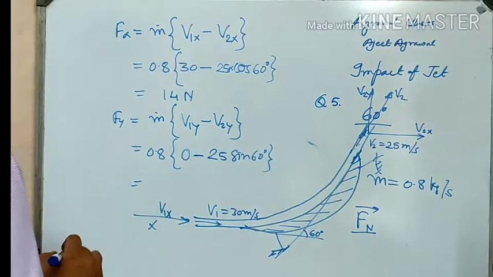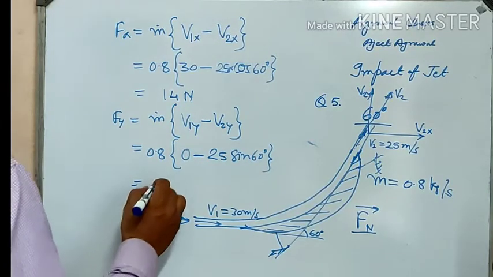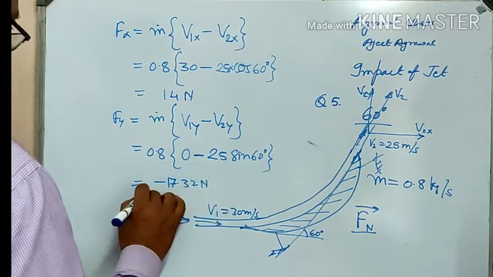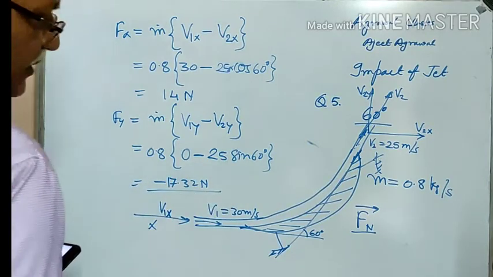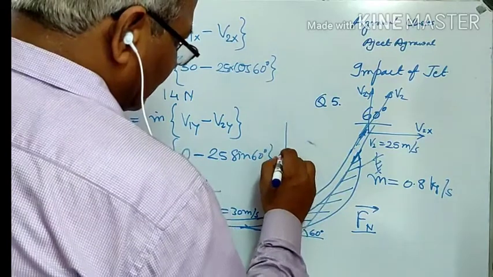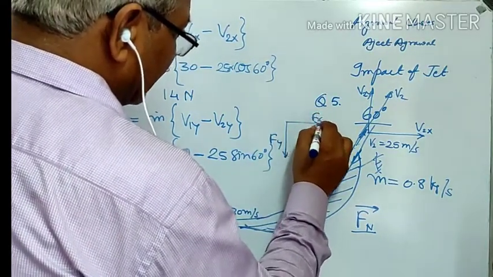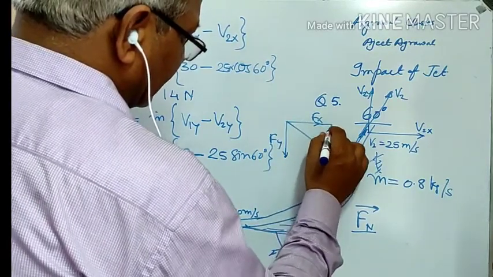Solving this gives me the result as minus 17.32 Newton. This force is coming out negative. That means the Fy force will be acting in the downward direction and the Fx force is acting in this direction. So this will be the resultant.